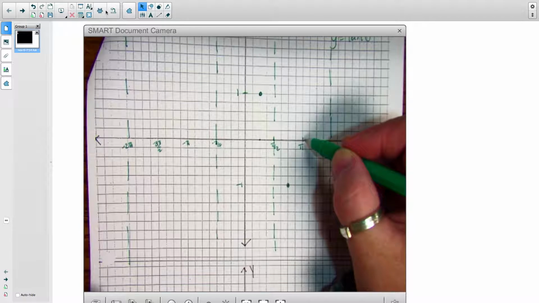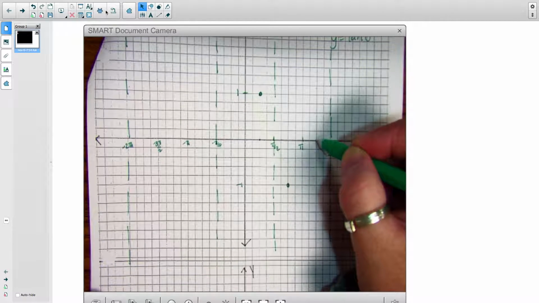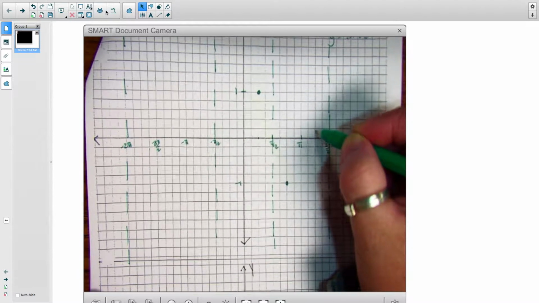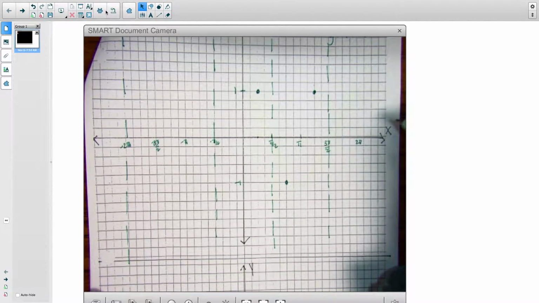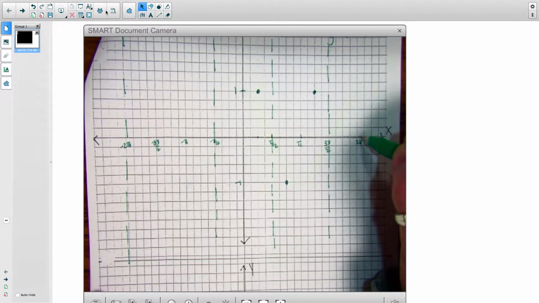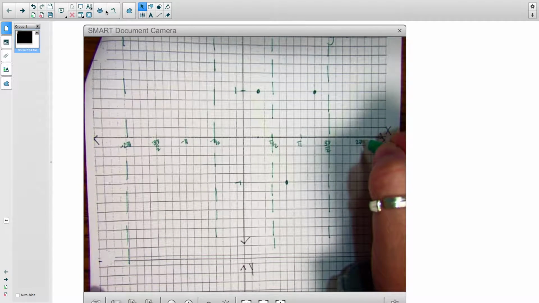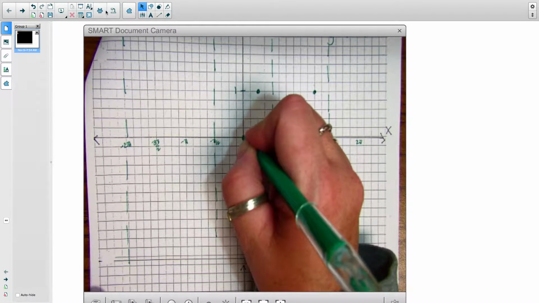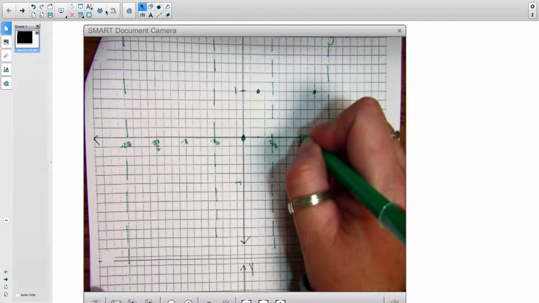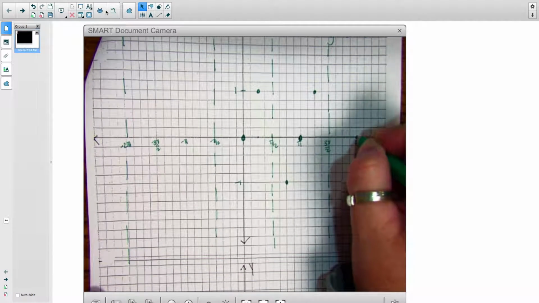And then 5 pi over 4 is in between these two. And 2 pi is 0. Oh, I missed my zeros too. Okay. And then we have zeros at 0, pi, and 2 pi. Okay, I should have done my zeros first.